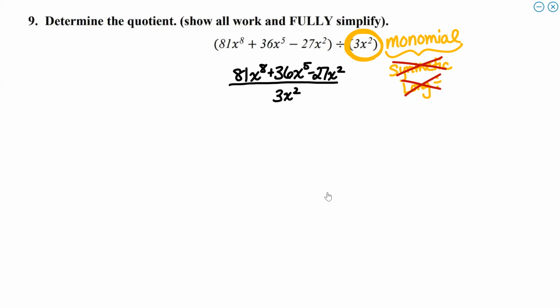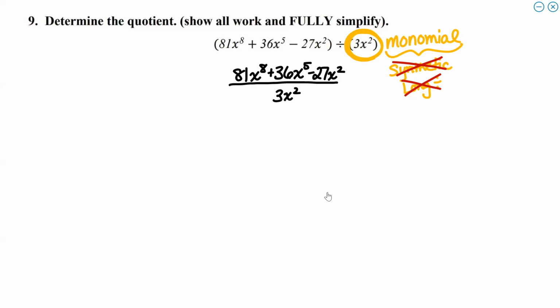When I just have a monomial, one term on the bottom. Close. Very, very, very close. I'm thinking of a word that starts with D. And we're used to using this when I multiply things. Distribute.